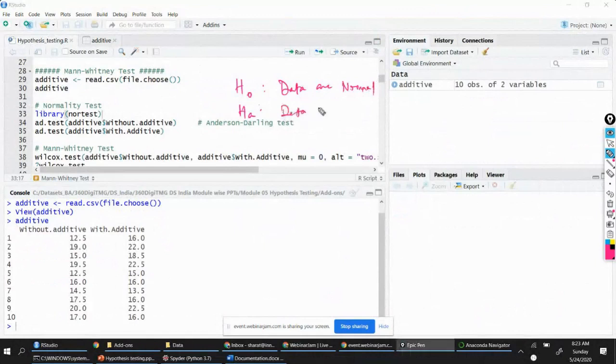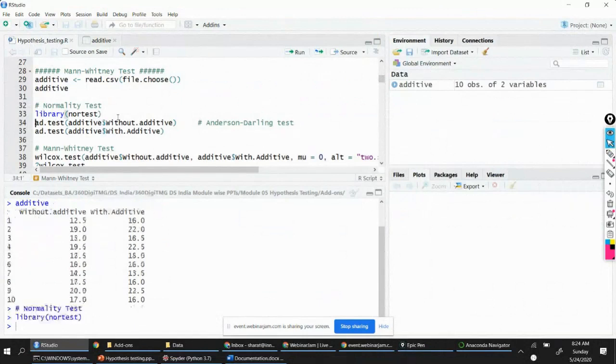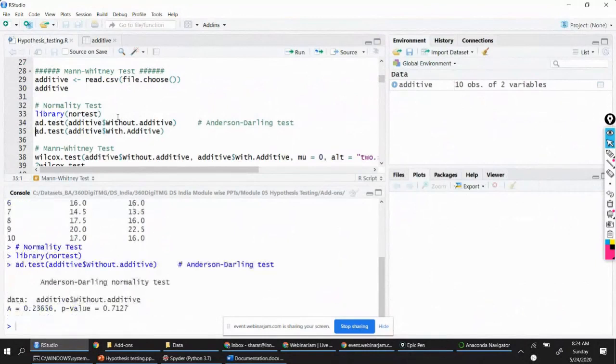And here we say data are not normal. So we'll proceed with this. We do the AD test, which is the Anderson-Darling test. So I'm loading the normality test library, and I'll simply do AD.test of the first sample. And this gives us the p-value. The p-value here is greater than 0.05.